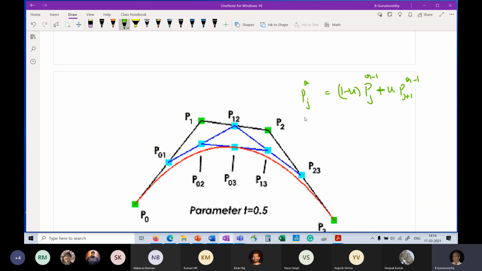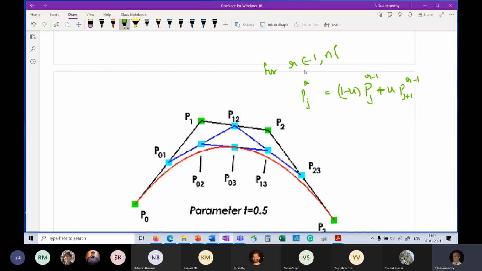And I do this for r going from 1 to n. How many times do I do this? This is the first, this is the second, and this is the third. So that is r equals 1 to n.